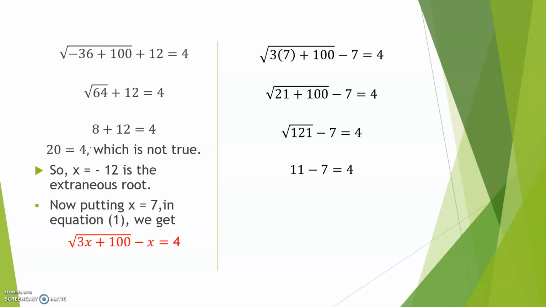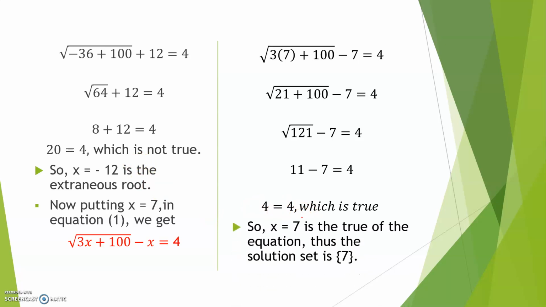The square root of 121 is 11, so 11 minus 7 is equal to 4. This implies 4 is equal to 4. Here students, you can notice that left hand side is equal to right hand side, so this root satisfies the given equation. So x is equal to 7 is the true root of the equation. Thus the solution set is 7.